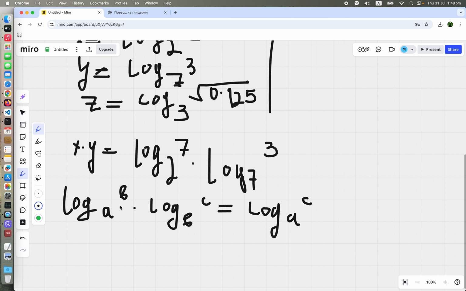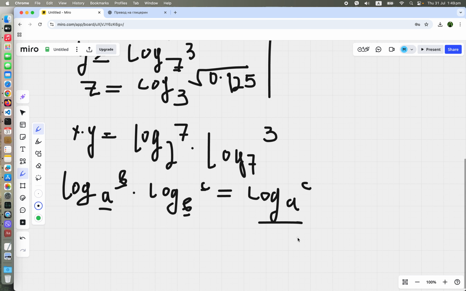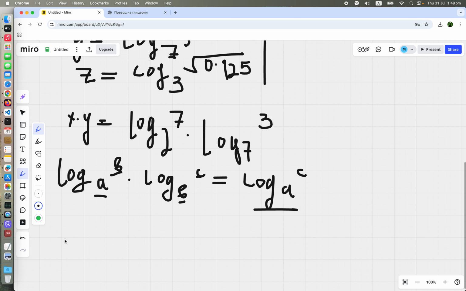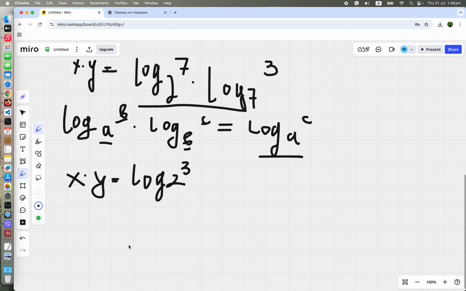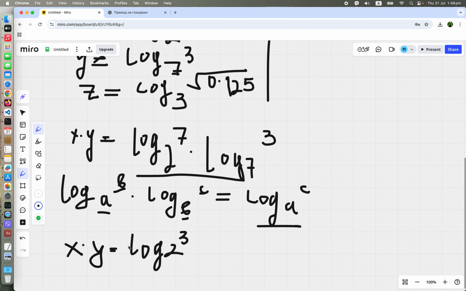You just remove that and combine them into this, and that's the formula which is working. So now we see that x times y, using the formula, is logarithm base 2 of 3.